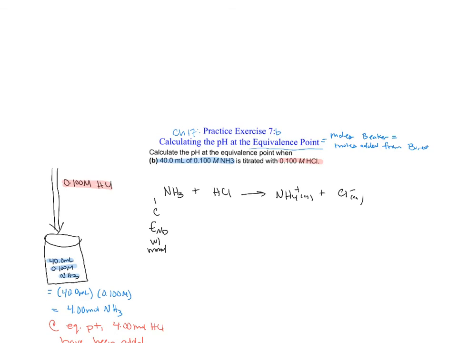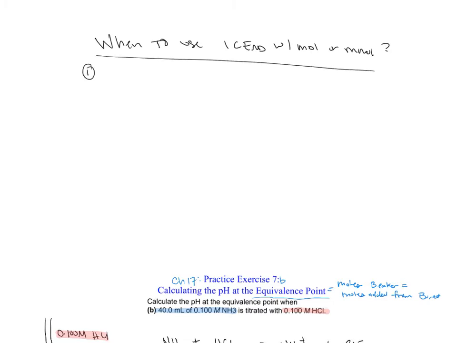So, a quick review. When to use ICN with moles or millimoles. The first case, if you have a strong acid plus a strong base reaction.